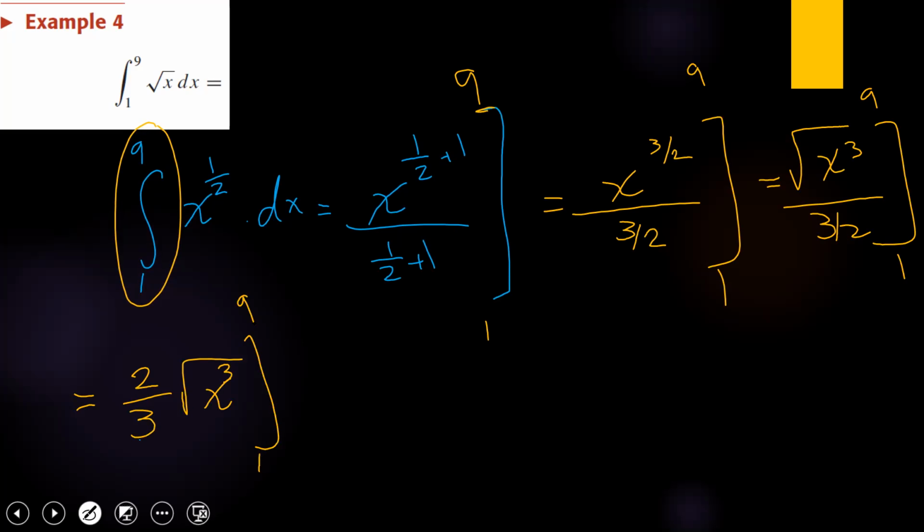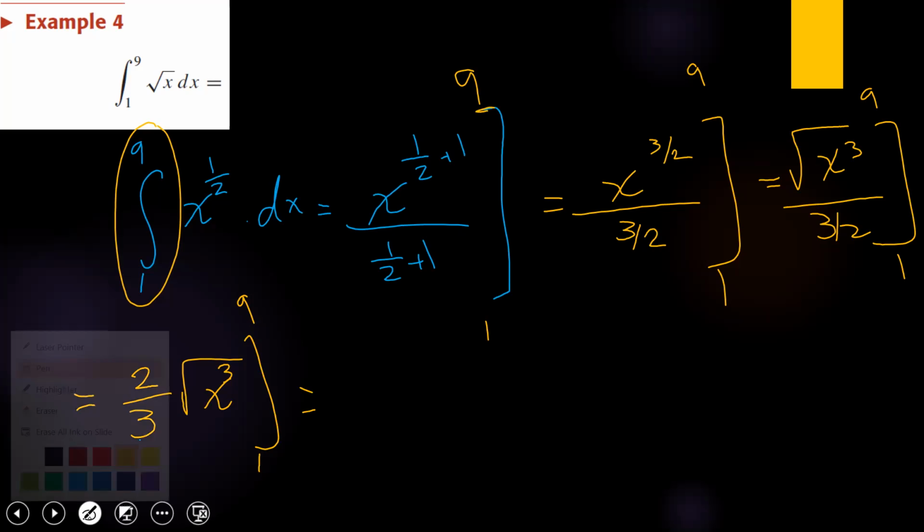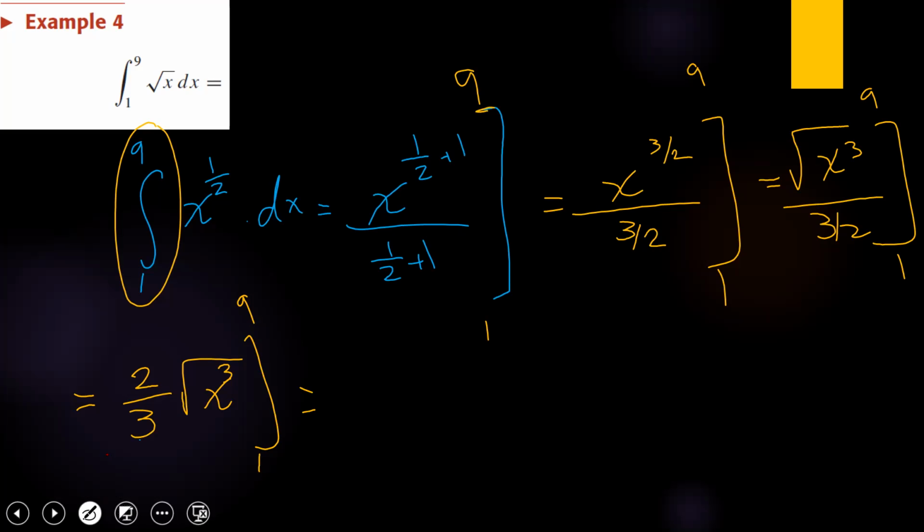Now I wrote it simplified here, 2 over 3 square root of x cubic. Let's now evaluate. How can I evaluate here? I have to say it's 2 over 3 square root of, shall I write first 9 or 1? 9, bravo.